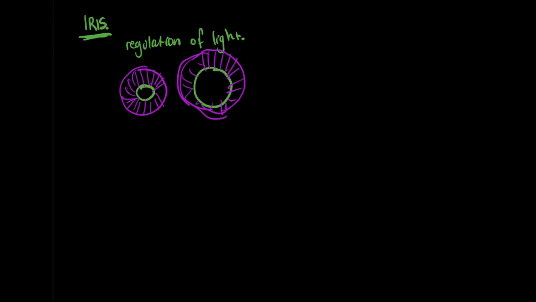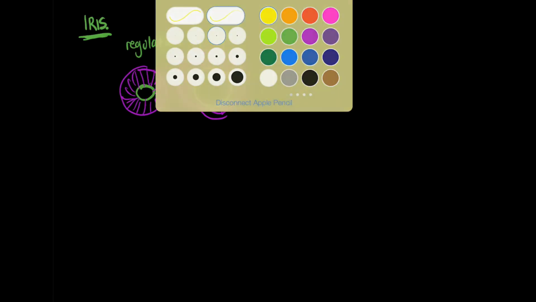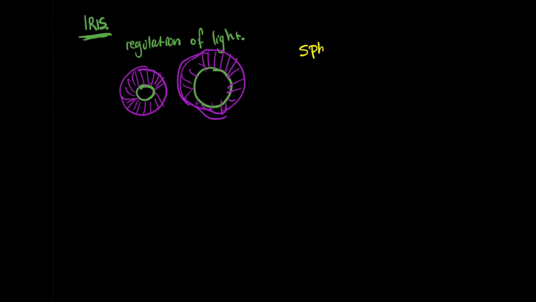Now, the other thing that the iris will do is reduce something called spherical aberration. What spherical aberration is basically when the outer part of the lens, so maybe these parts, are actually not as effective as the internal parts because there's too much refraction, or there's too much light.